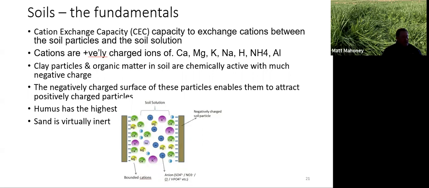As we've discussed, the cation exchange capacity is the total number of those negative sites on the soil particles. Cations are obviously positively charged, and they're attracted to those negative sites. And the negative sites are on those clay particles or the organic matter.